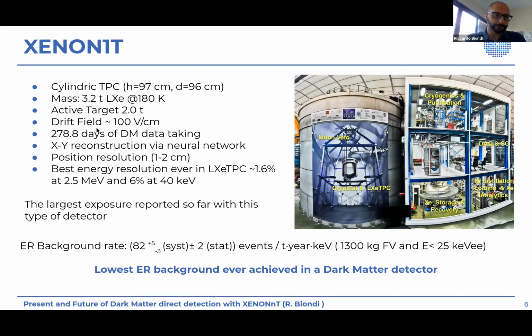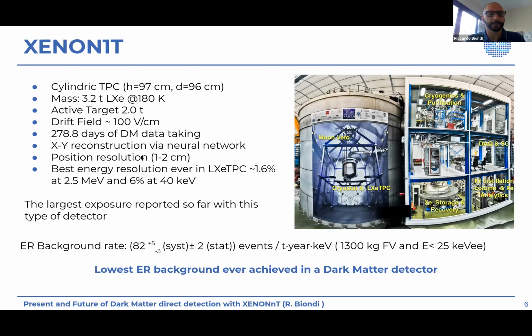The XENON1T experiment exploits a cylindrical TPC of 1 meter diameter and 1 meter height, roughly. We are using a mass of 3.2 tons of liquid xenon and an active target of 2 tons. The drift field is 100 volts per centimeter, and we took data for 278 days.